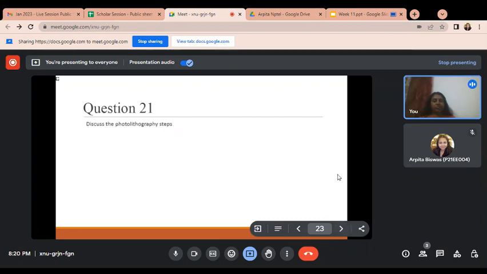So next we are moving toward question number 21. Discuss the photolithography step. We already discussed the photolithography step. At first we coat the device or the substrate using positive or negative photoresist.